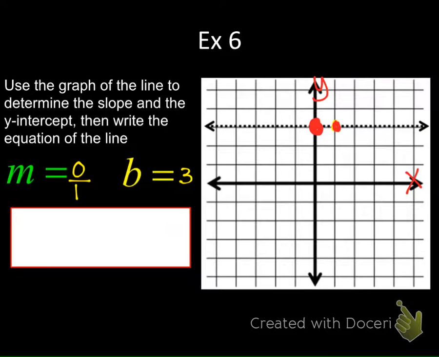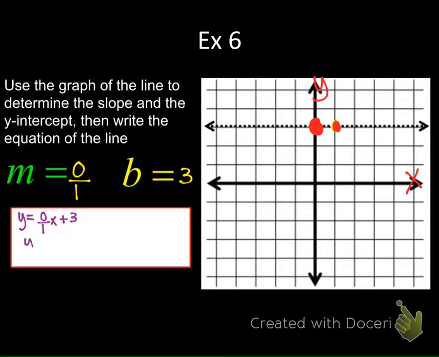Now there are several different ways that you can write this equation. The first way you can write it would be y equals what? Okay. What's another way that you could write this? You could write just 0x.